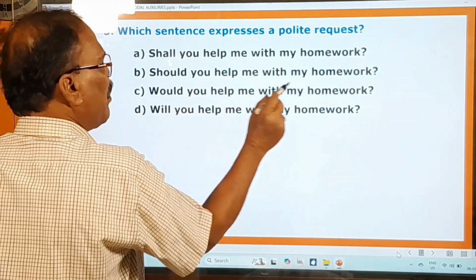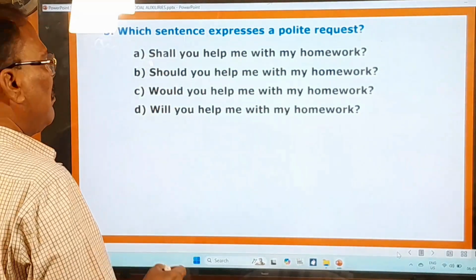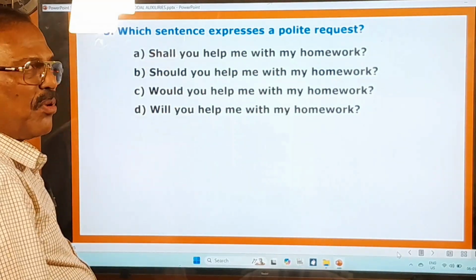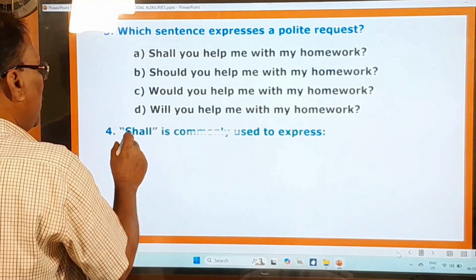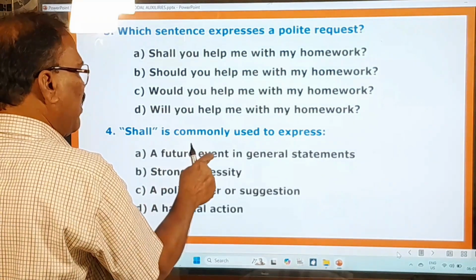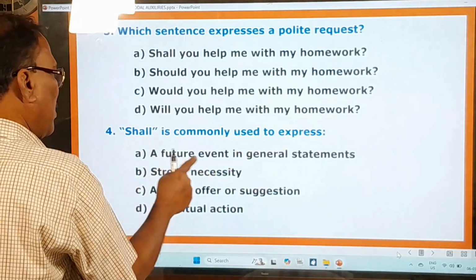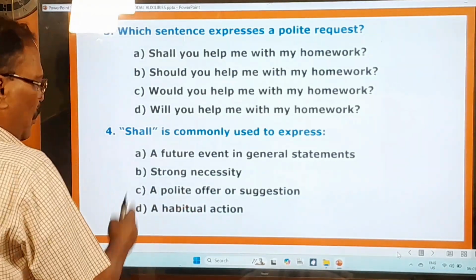Would you help me with my homework? Will you help me with my homework? You know very well the sentence that expresses a polite request. Okay, and fourth question, shall is commonly used to express a future event in general statements, strong necessity, a polite offer or suggestion, a habitual action. You know that very well.